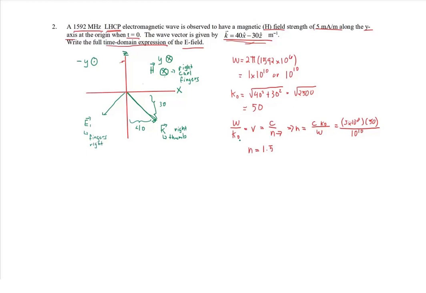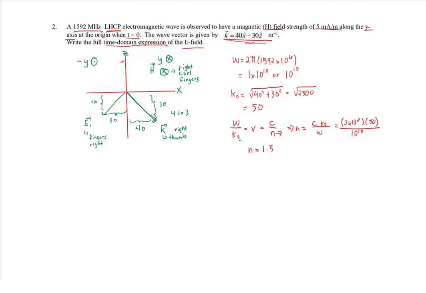But what about our ratio? Here it's a 4 to 3 ratio. Over here for our E field, it's going to be a 3 to 4 ratio. So this one's going to be 40, this is going to be 30.